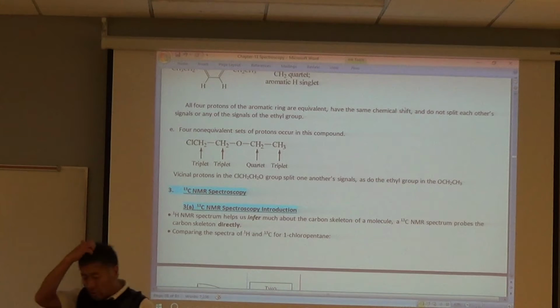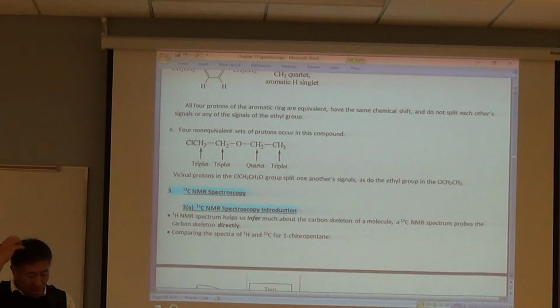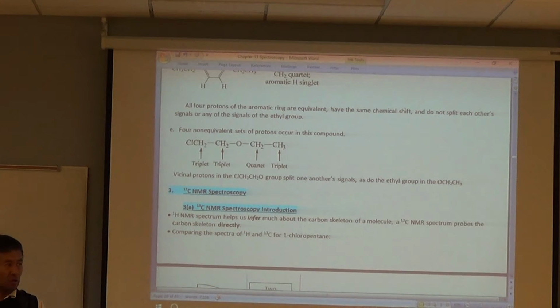Sometimes you can get the molecular structure very quickly by examining the carbon NMR. The carbon NMR is much simpler looking than the proton NMR. The principles are similar.